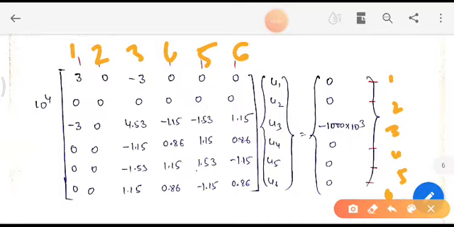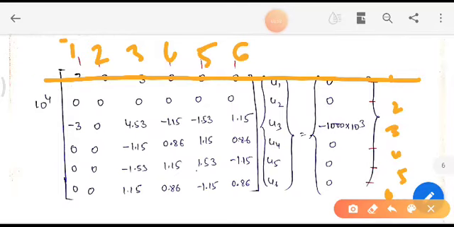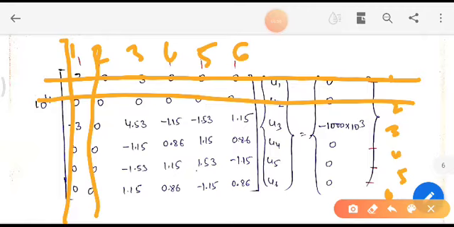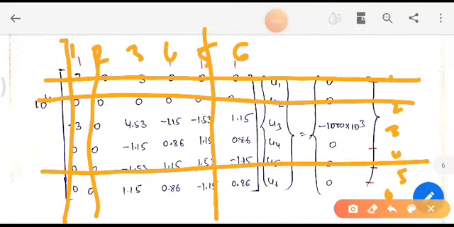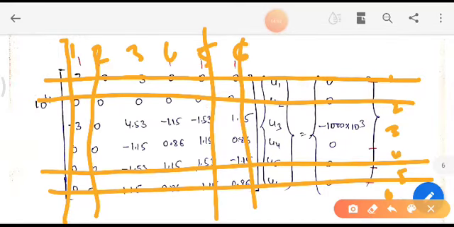Here we need to eliminate the first row, first column, similarly second row, second column, and fifth row, fifth column, sixth row, sixth column, since these nodes are fixed. Again, there is no vertical movement in the second node, so we need to eliminate the fourth row and fourth column.